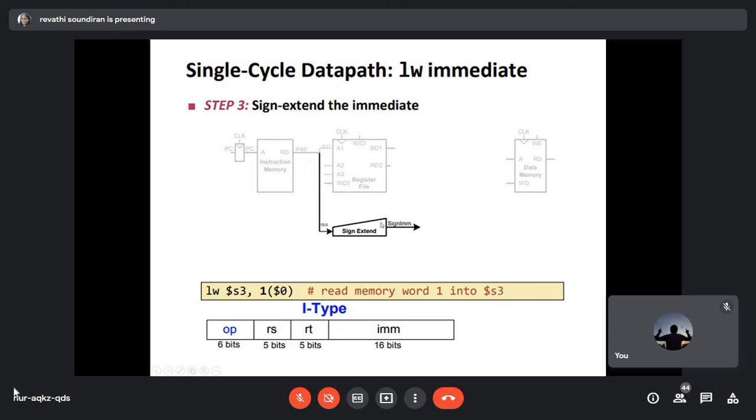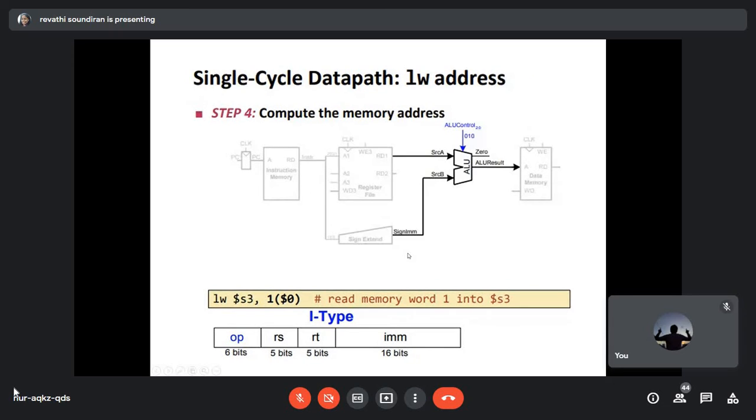Next is computing the memory address. In this case you have ALUSrc, which is always going high. This is the data path. Now your signed value goes to the arithmetic logic unit.